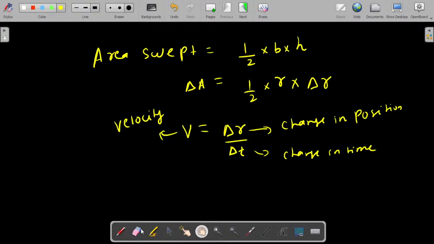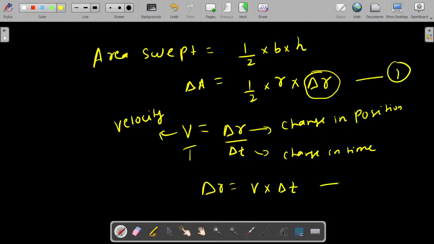So just put the values only. In place of delta r, what you can put? Delta r is equal to V into delta T. This is equation 1. This is equation 2. So from 1 and 2, what is the area value?